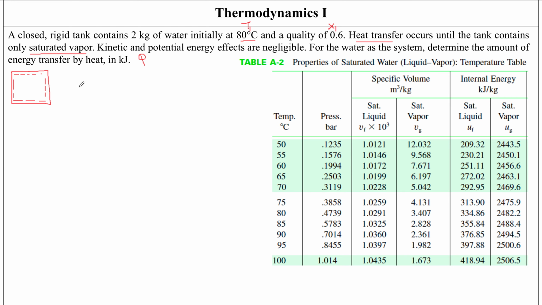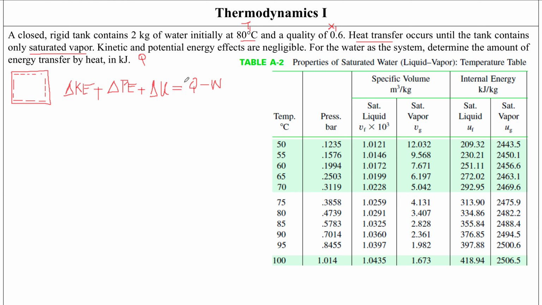Because what we're going to do is we're going to be looking at the energy balance equation, which is in the form of delta KE, which is kinetic energy, plus delta PE, which is change in potential energy, plus delta U, which is change in internal energy, and that is equal to Q minus W. Okay, Q is heat transfer, W is work done.